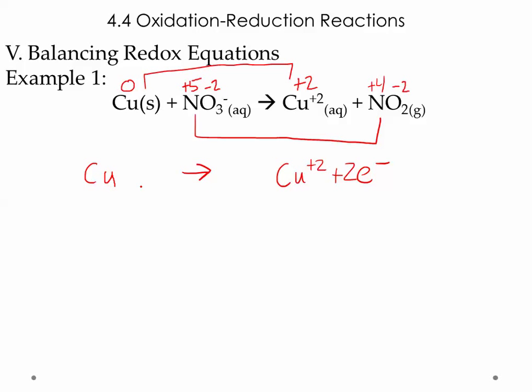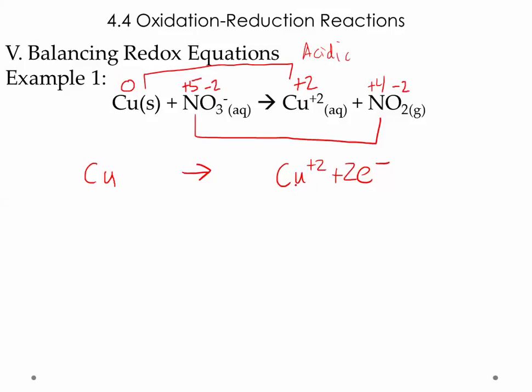So we have one copper here, one copper here. We added 2 electrons to the product side to balance the oxidation number. So now this is 0 on this side and 0 on this side. Now we need to balance the charge. It doesn't tell us if this is acidic or basic, so we're going to assume that this is acidic.